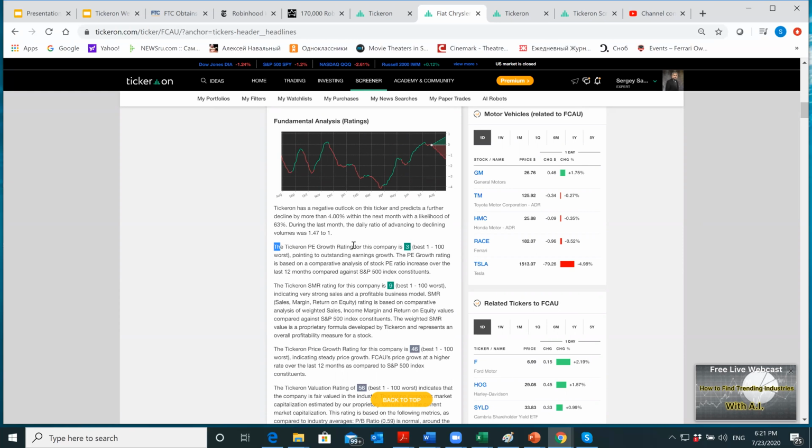The 1 is best. So 3, what is the 3? P, growth rating. It is the price and earnings growth rating. So what it means is that earnings growth is really good. That means if you look at the group and compare this particular stock with the group, then the rating is 3.